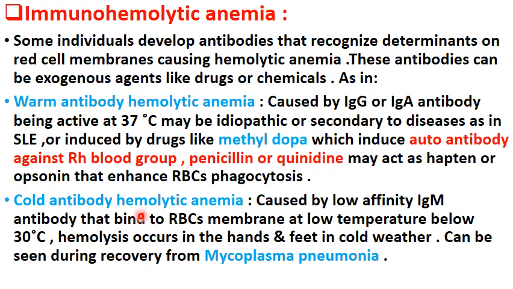The other type is called cold antibody hemolytic anemia. It is caused by low affinity IgM antibody, which binds to the red blood cell membrane at low temperature, below 30 centigrade. The hemolysis in such a case occurs in the hands and feet and in cold weather.